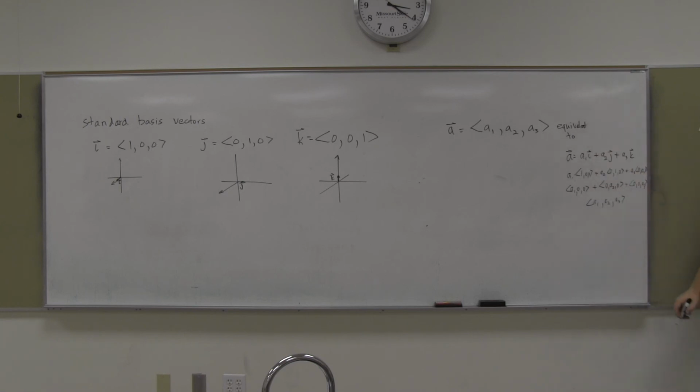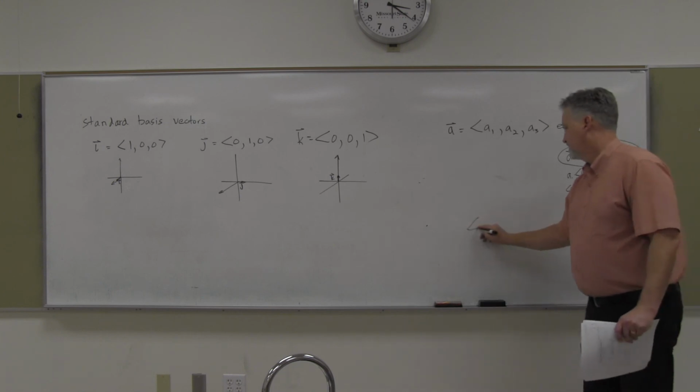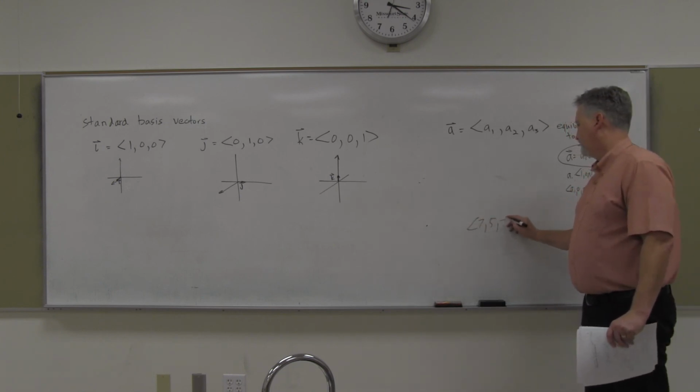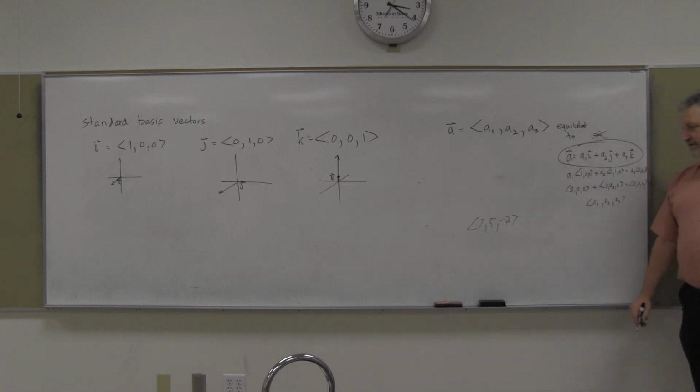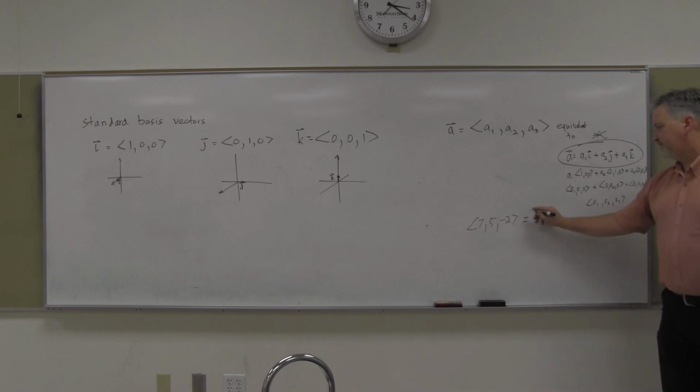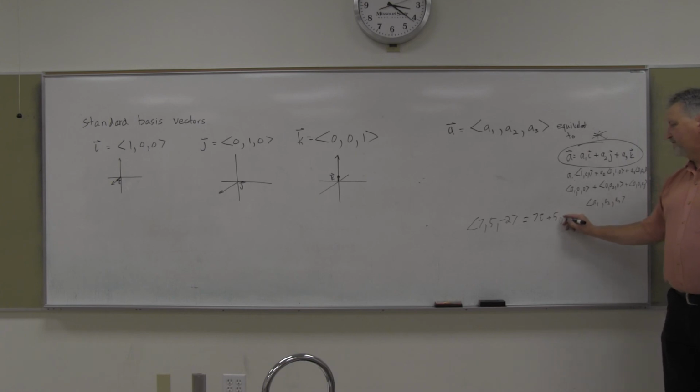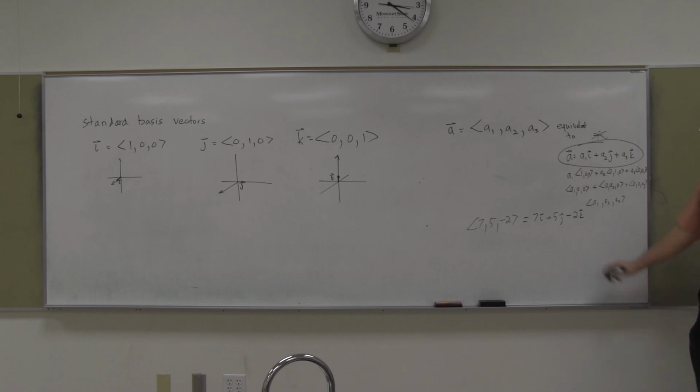So this is another way of writing a vector. The vector 7, 5, -2 is the same as 7i plus 5j minus 2k. So this is another way of representing a vector. Okay?